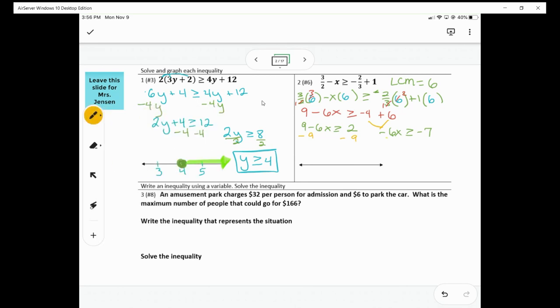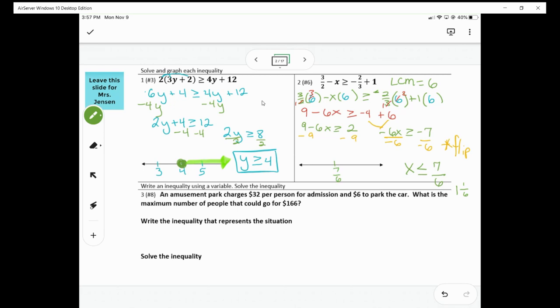So our last step will be to divide both sides by negative 6. And it's that step there that requires us to flip the inequality symbol. So our final answer is x is less than or equal to positive 7/6, which is equivalent to 1 1/6 if you want to use that value for graphing.